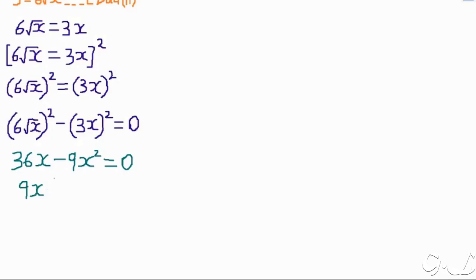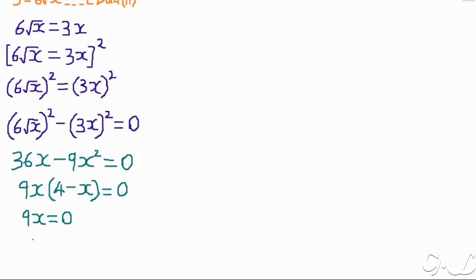So 9x will be outside the brackets, and inside the brackets we have 4 minus x. So this is how it should be.